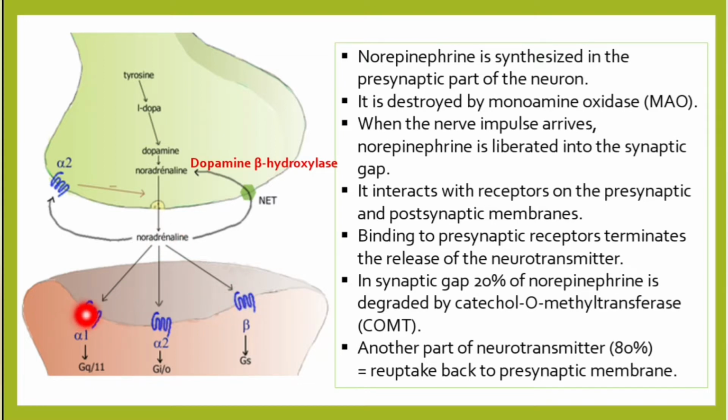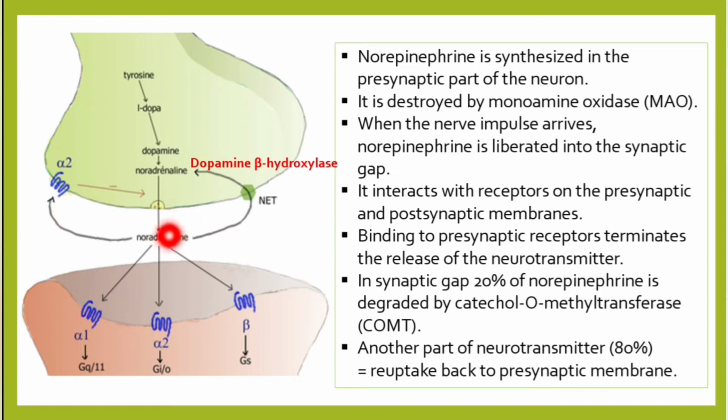You can see here adrenergic receptors, alpha-1, alpha-2, and beta. You can also see its activity on the presynaptic membrane. This is postsynaptic and this is presynaptic membrane.